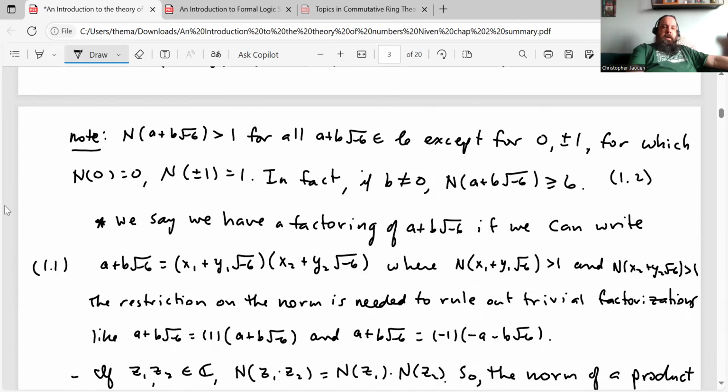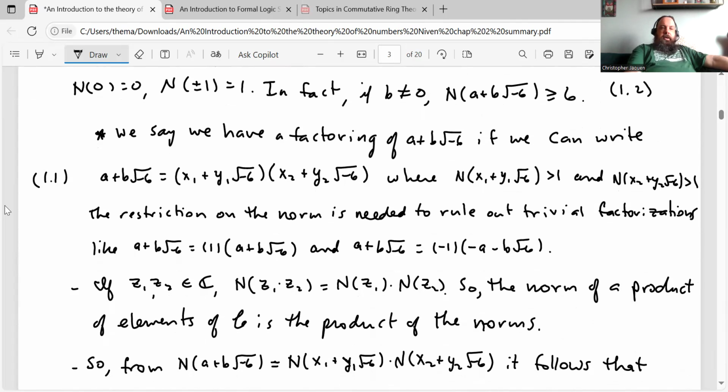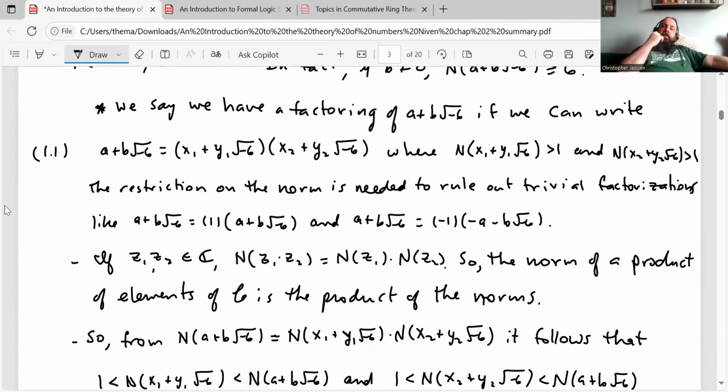We say that we have a factoring of a plus b times square root minus 6 if we can write a plus b times square root minus 6 as a product of elements of the class, right? Where the norm is greater than 1 for both of the factors.